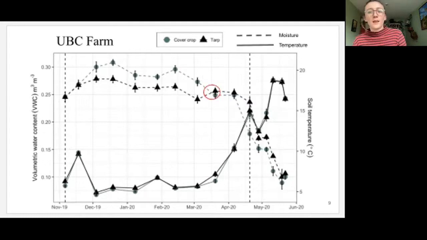And when we look at soil temperature overall, we don't see much difference between the overwinter treatments. And in the spring, when soil temperature starts to increase, it's likely that the cover cropped plots had an opportunity to dry out, while the tarps trapped the soil moisture and prevented evaporation, keeping them wetter.